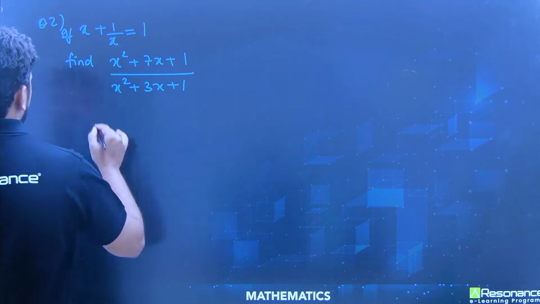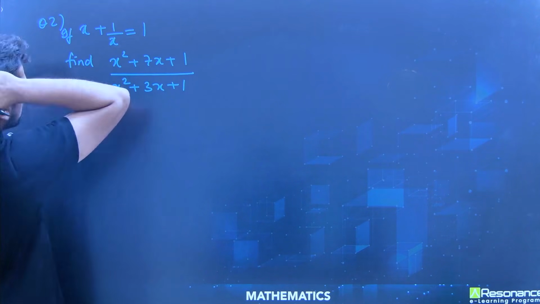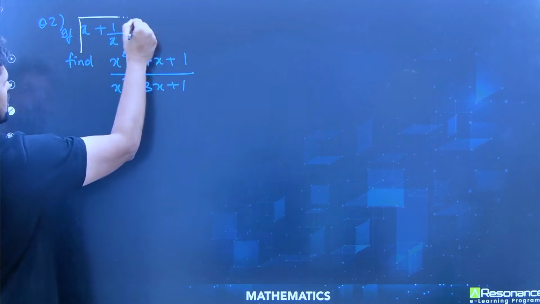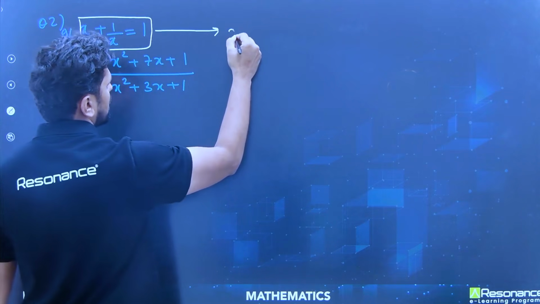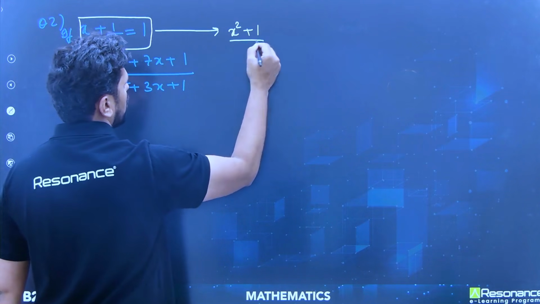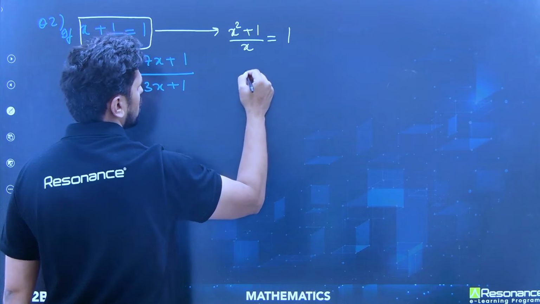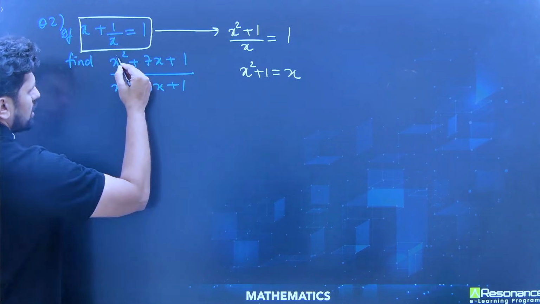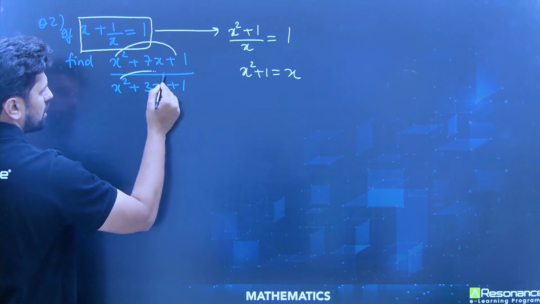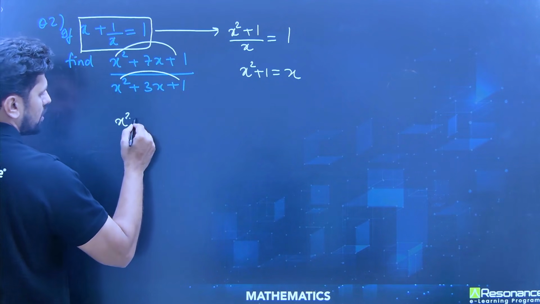Okay. So see this. We can take cross multiplication. So this will be formed as x square plus 1 upon x equal to 1. So x square plus 1 equal to x. Here also we are seeing x square plus 1. Here also we are seeing x square plus 1.